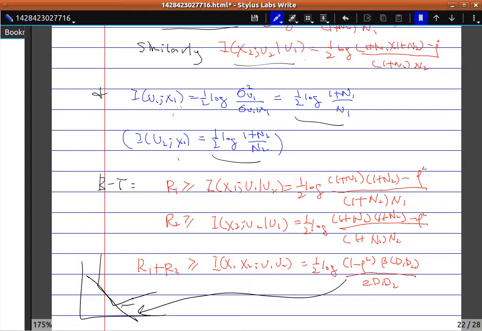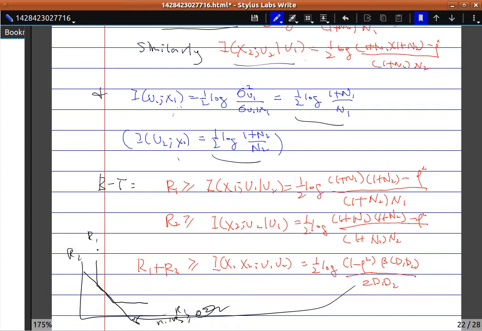And I think I can draw a little bit better. Let's see. R1 plus R2 is bigger than or equal to something, this something here. And this is R1, this is R2.